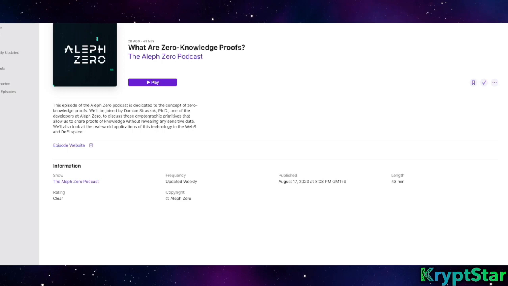And ideally you want a product for which the user experience is essentially the same as for non-privacy products. It's as smooth and as good an experience as you would have using a really fast chain, but without the privacy features.